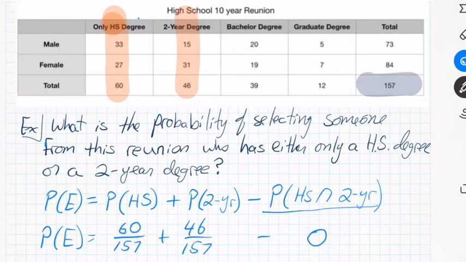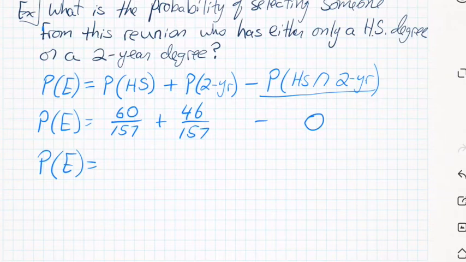So the probability of this event, high school or 2-year degree, is going to be 106 divided by 157, which I don't think reduces. So in this case, we're going to change it into a percent. 106 divided by 157.